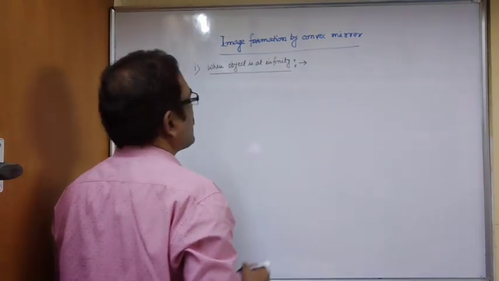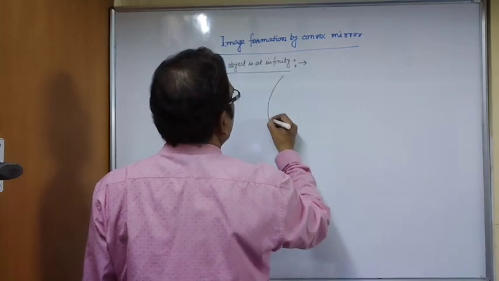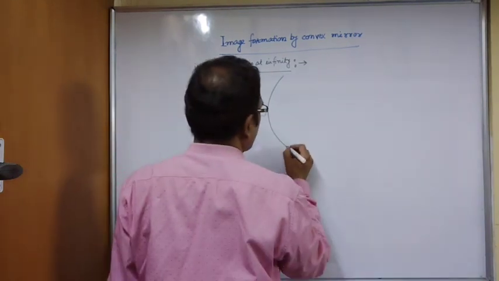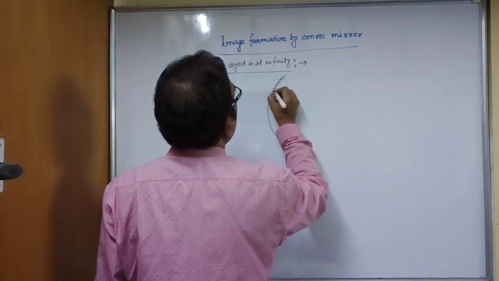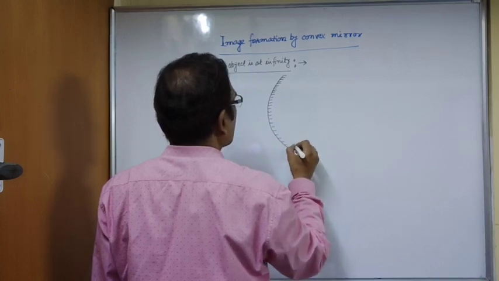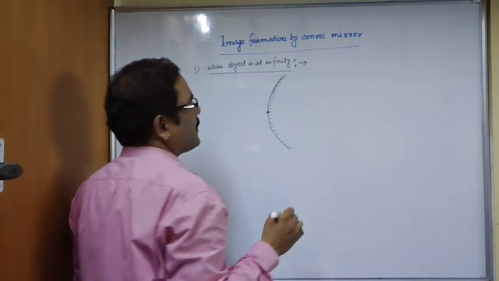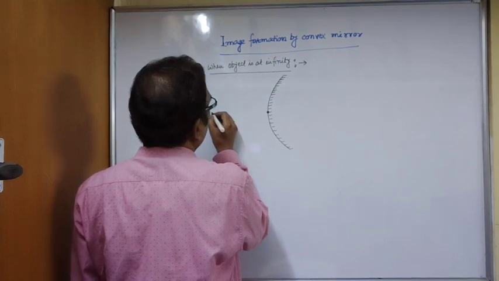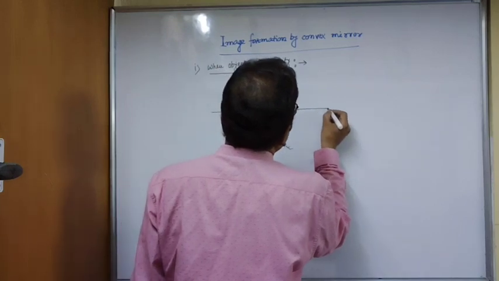So when the object is at infinity, draw a convex mirror. Mark the central point of the reflecting surface. As you know, this point is known as pole. Through the pole we will draw a horizontal line.